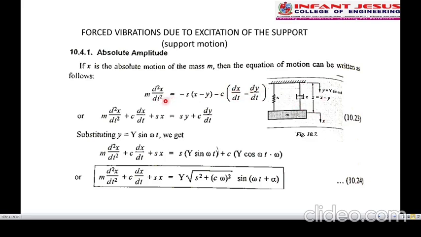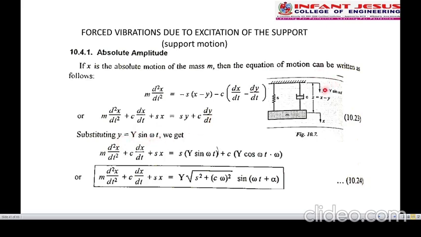So we take this to the left hand side. So m d square x by dt square, and we take the c dx by dt and x terms to the left side, plus sx equal to sy plus c dy by dt. Here we are going to substitute y equal to capital Y sin omega t.